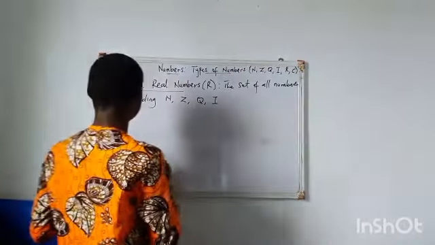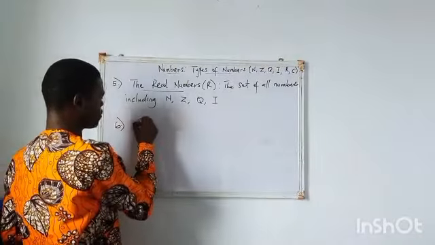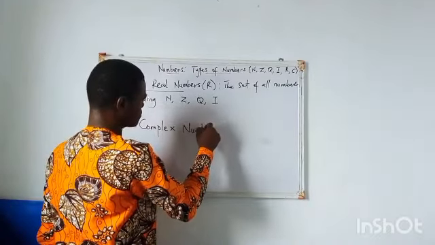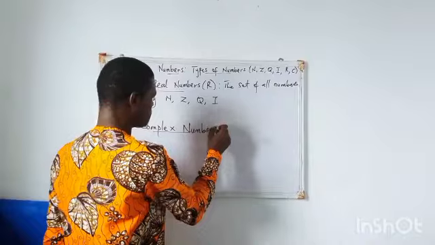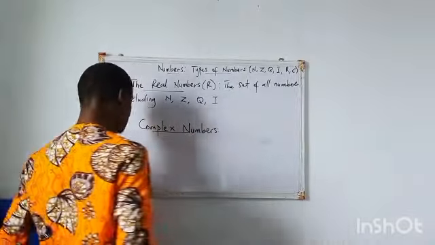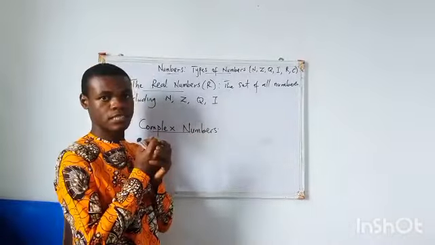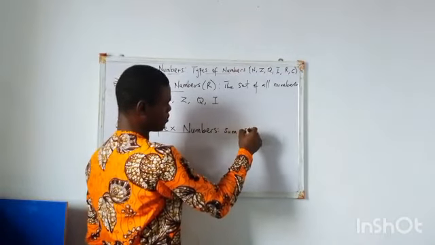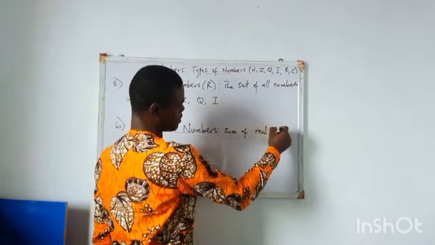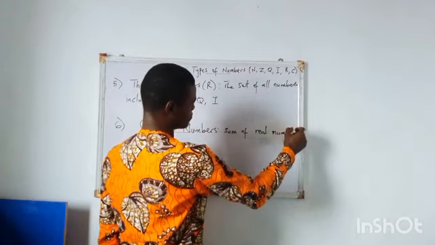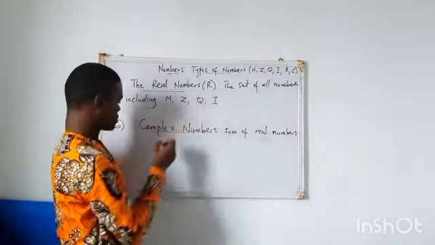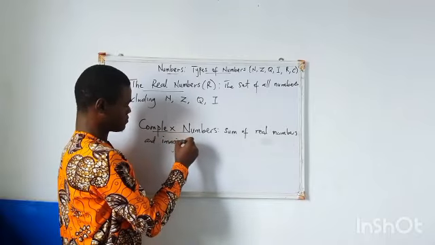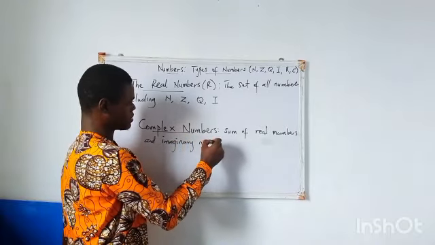Then the last type of number that we have is the complex number. Complex numbers take 2 numbers together. A complex number is the sum of real numbers and imaginary numbers.